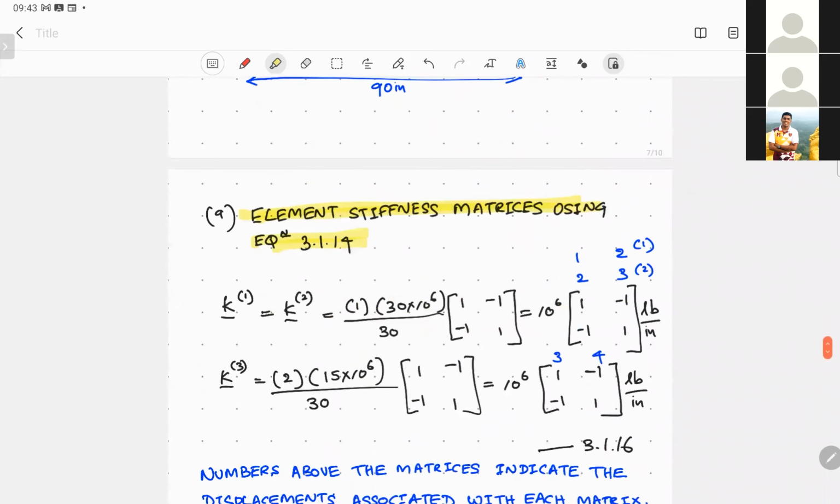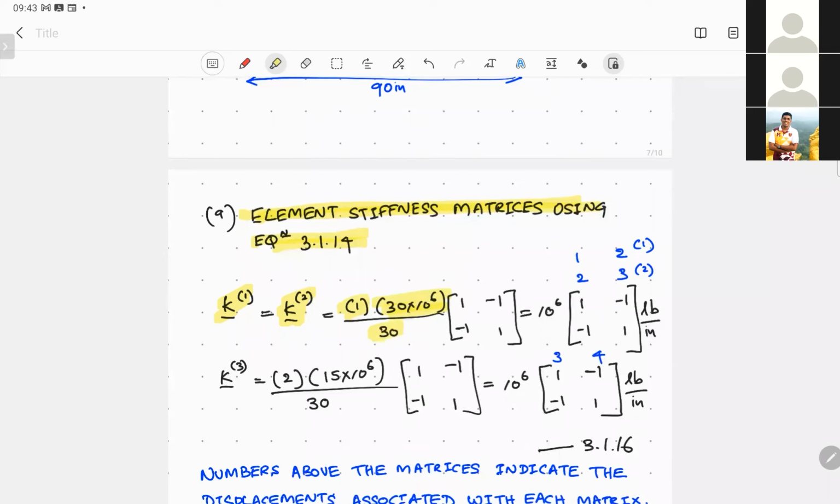So we will write K1 here. I have put brackets in the superscript, meaning that when I use this notation, I'm trying to refer to the element which I'm considering at the moment. So element 1 and element 2 have the same stiffness matrix: the cross-sectional area multiplied by the modulus of elasticity. Of course, you have to take units into account now in this case.